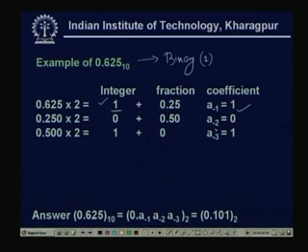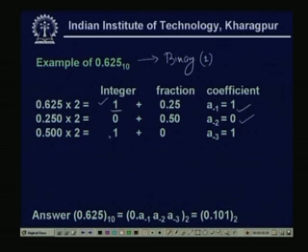So, my a minus 2, the second position coefficient, is 0. Now, again 0.50 into 2, because I have to continue until I get my fraction to be 0. Now if I multiply I get an integer 1 and my fraction becomes 0. So, the coefficient is 1.